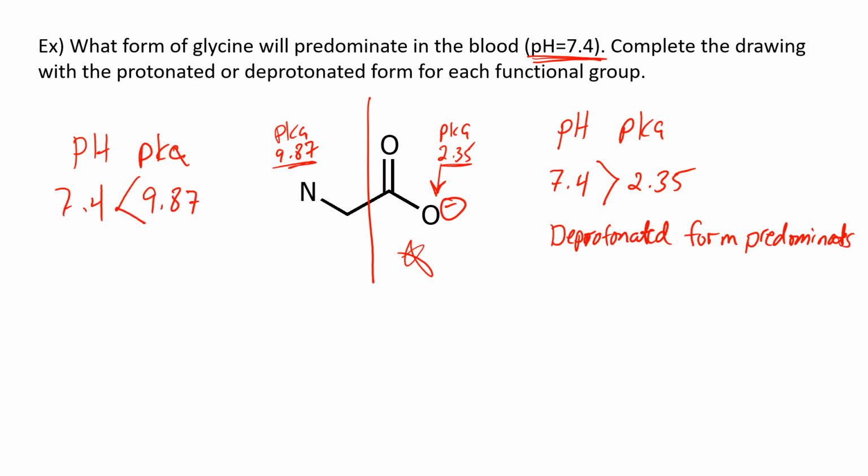When the pH is less than the pKa, the protonated form predominates. So the protonated form of the amine is NH3 with a positive charge. And that concludes this lecture.